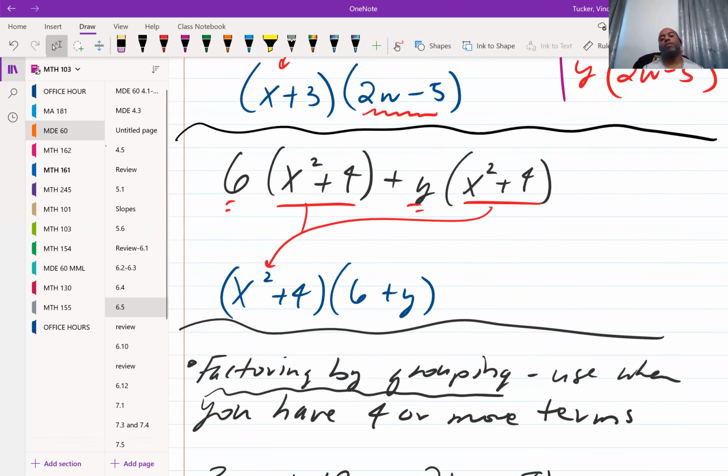All right, so factoring by grouping, last thing out of this section. This is what we're going to use whenever we have 4 or more terms.